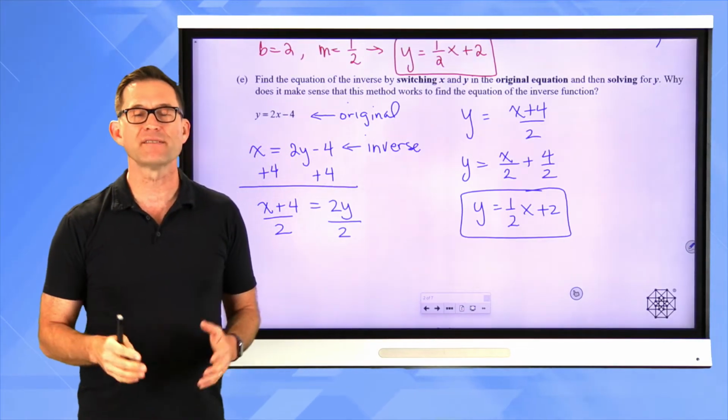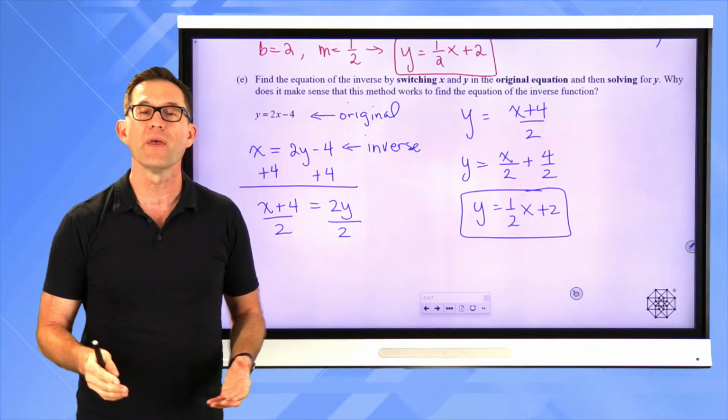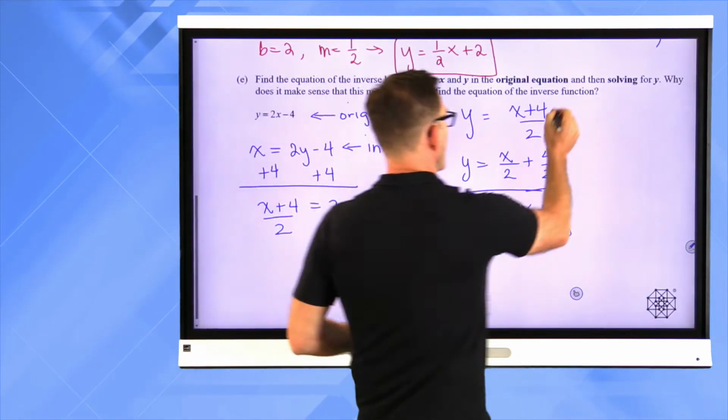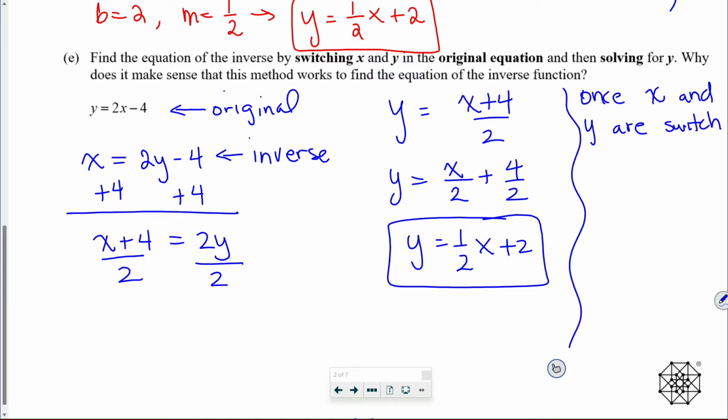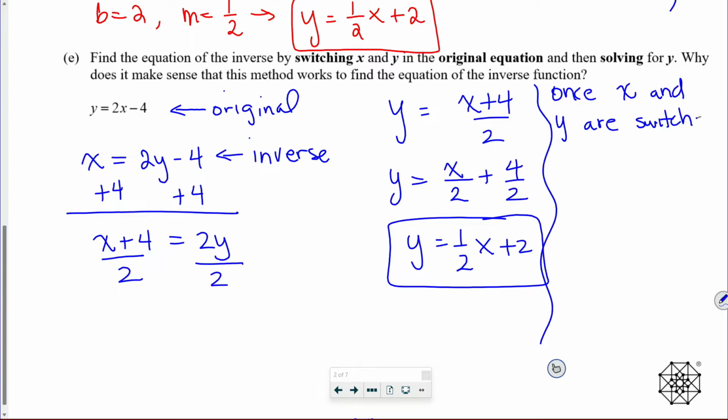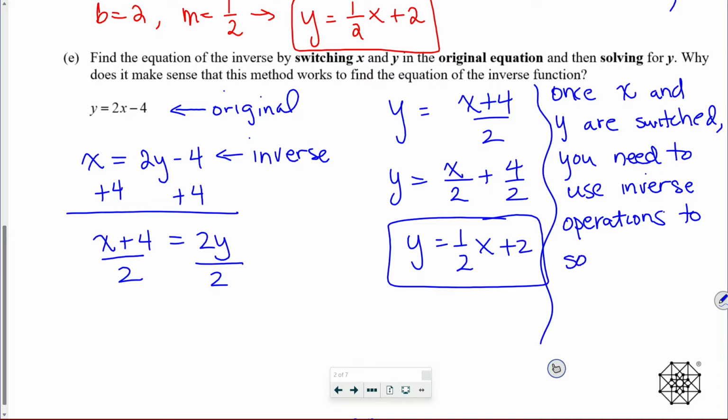Now, why does it make sense that this method will work? Well, it makes sense because once x and y are switched, you need to use inverse operations to solve for y, right?